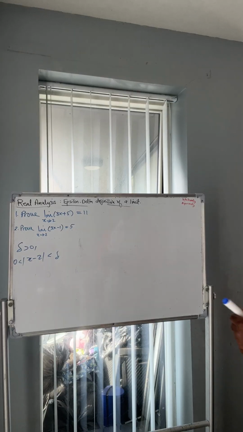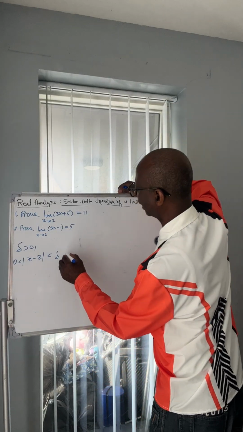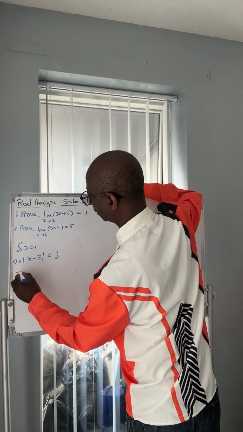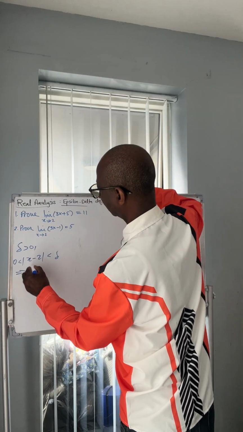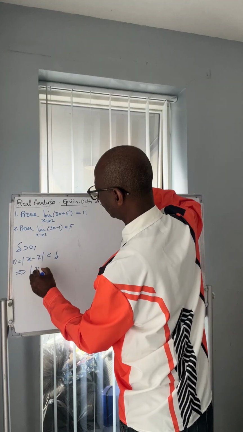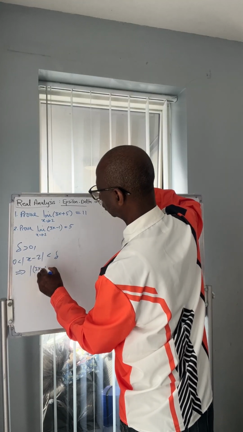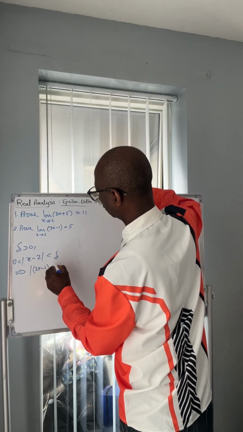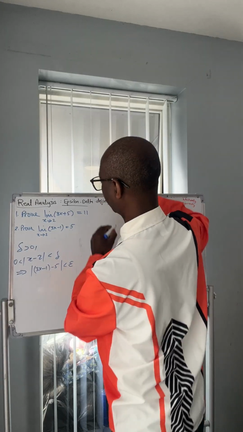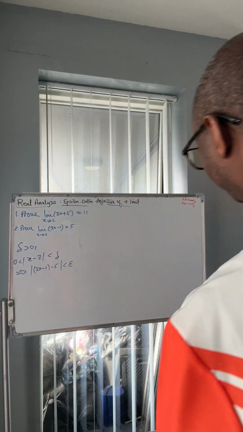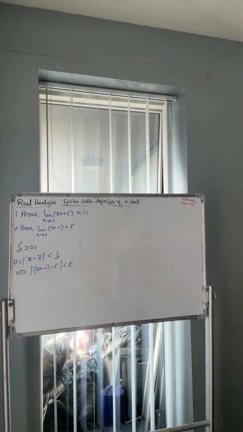Which implies that the absolute value of 3x minus 1 minus 5 is less than epsilon. That is what we want.